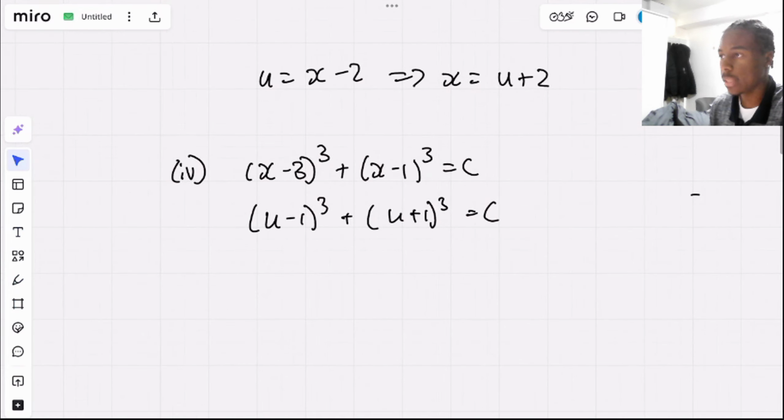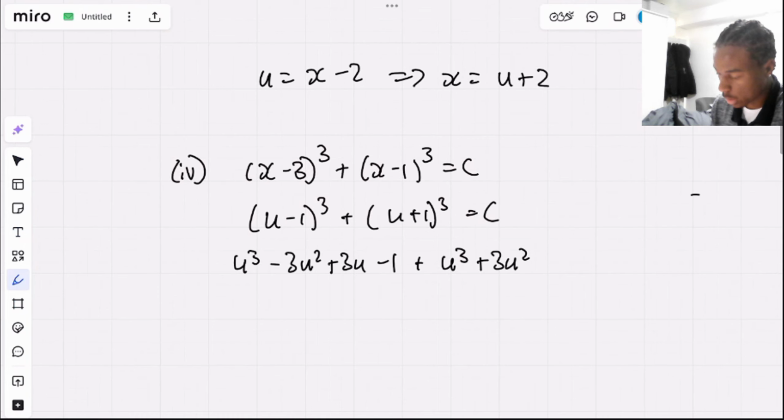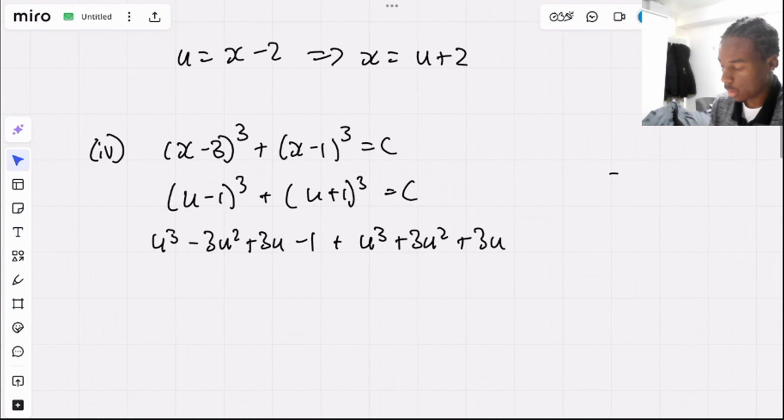So now let's expand this out. We're going to have u to the 3 minus 3u squared plus 3u minus 1 plus u to the 3 plus 3u squared plus 3u plus 1 equals c.